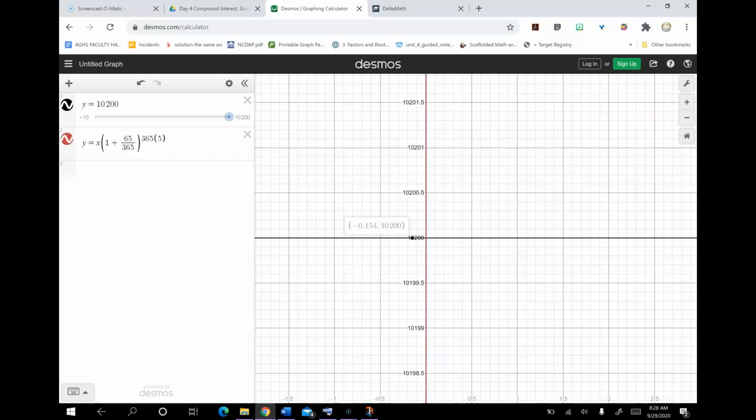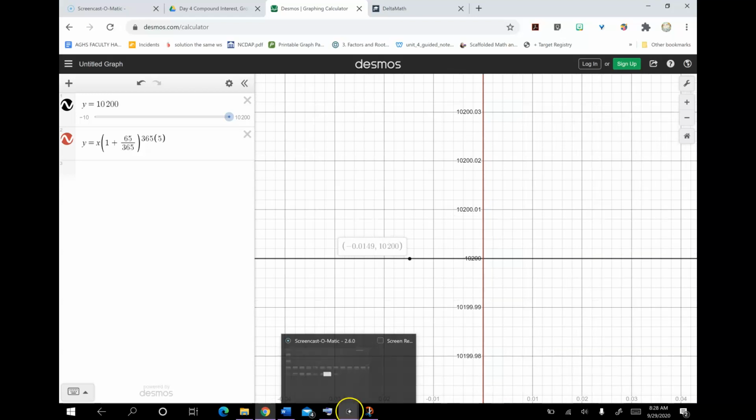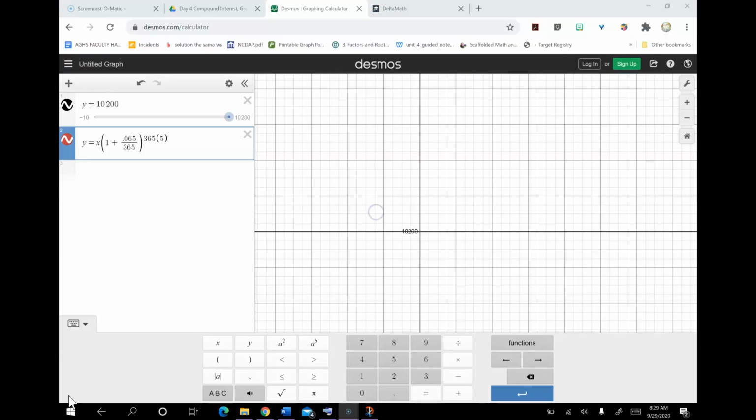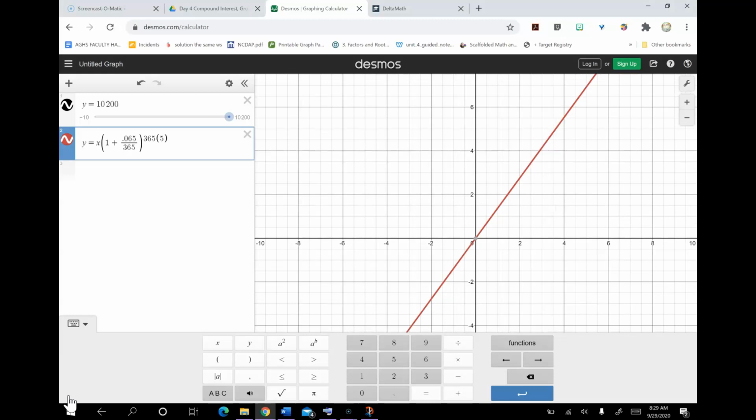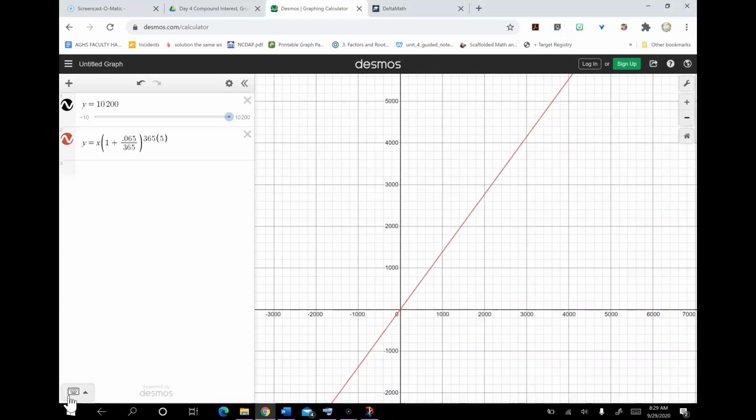Why is that 0? All right, guys, I typed in the equation wrong. I forgot the 0.065. All right, so go back home. We need to zoom out. Got to find this intersection.